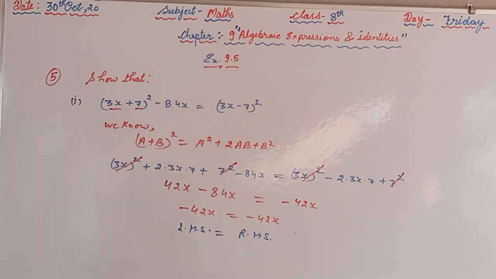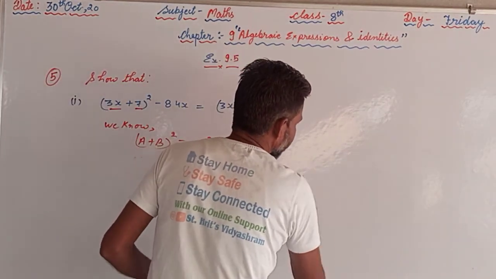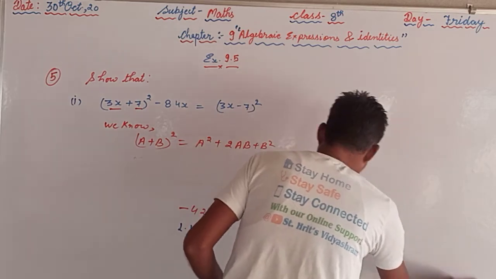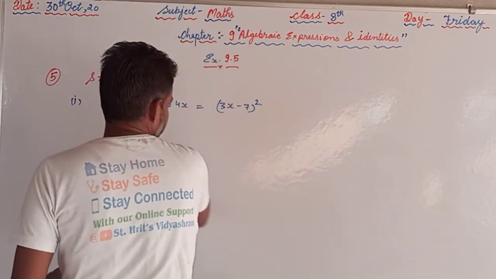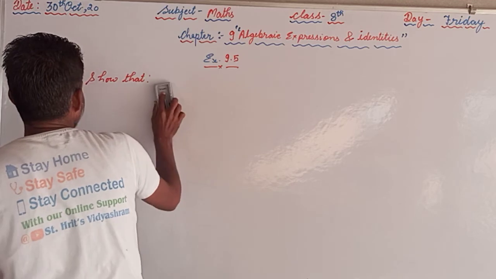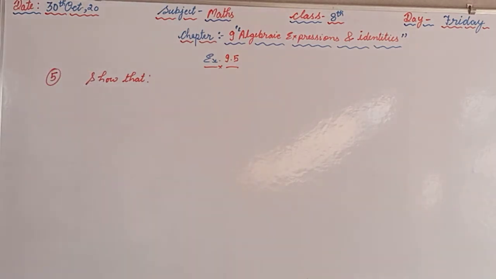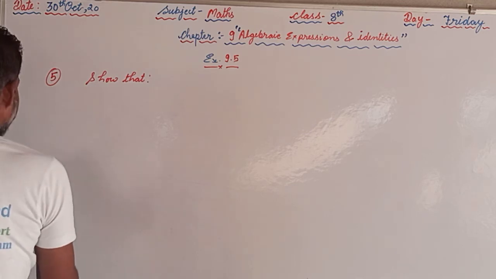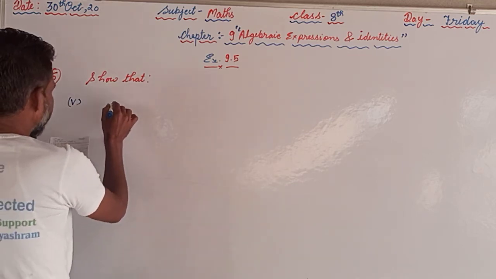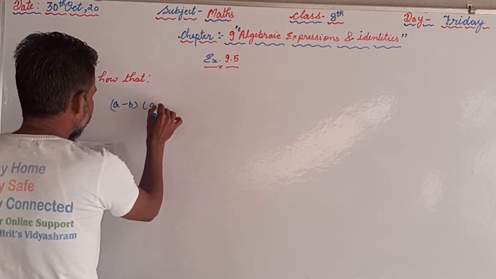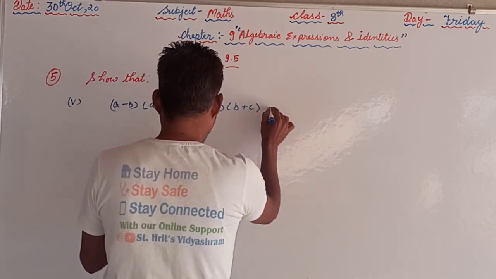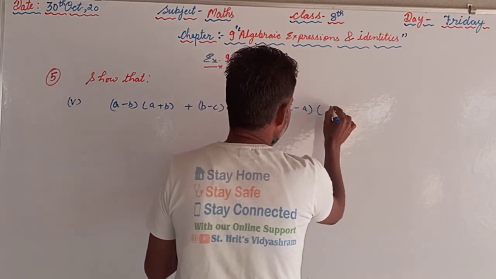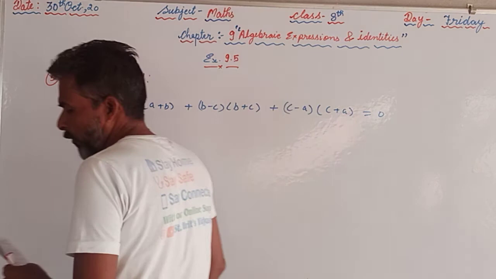So the fifth part is, fifth one, that is (a − b) into (a + b) plus (b − c) into (b + c) plus (c − a) into (c + a), and that will be equals to 0, we are supposed to show.